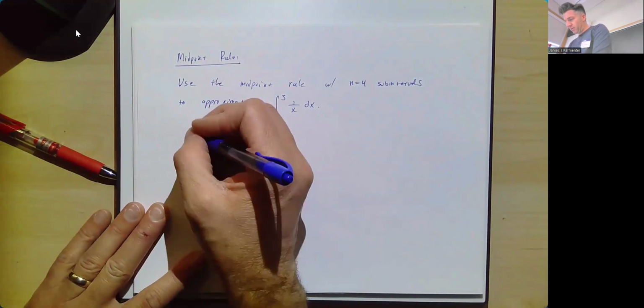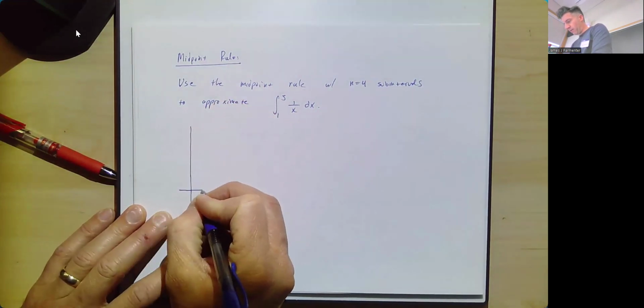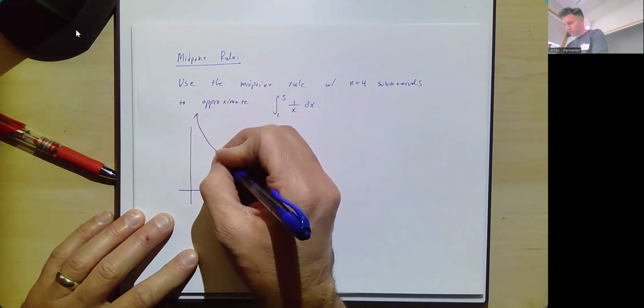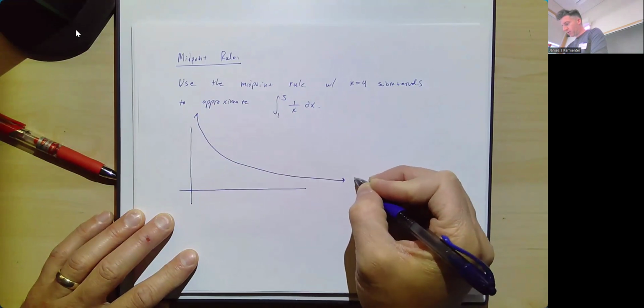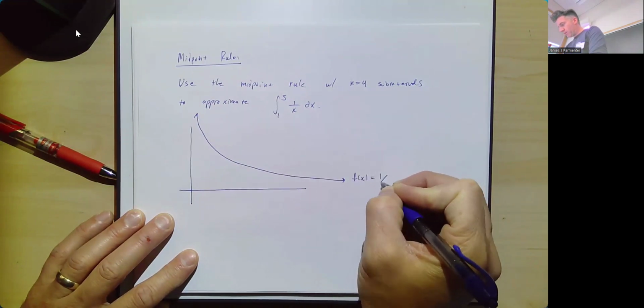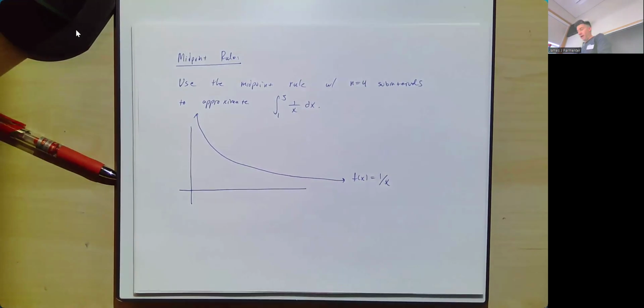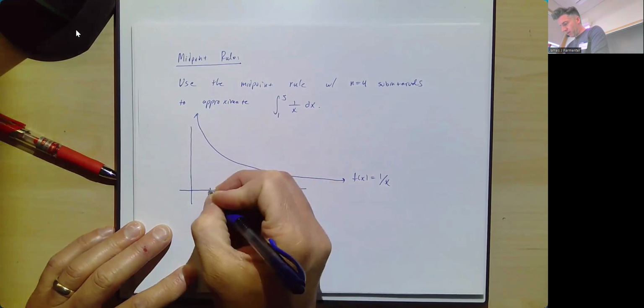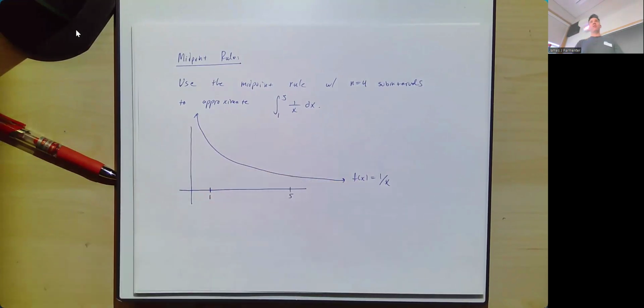So here's the idea. You're taking your function, which is 1 over x, and I'll draw it kind of exaggerated here, over the interval from 1 to 5. Hopefully in the problem they've given you, the length of your interval divides nicely by the number of subintervals. Here that's the case. The length of our interval is 4, the number of subintervals is also 4, and 4 divided by 4 is 1.